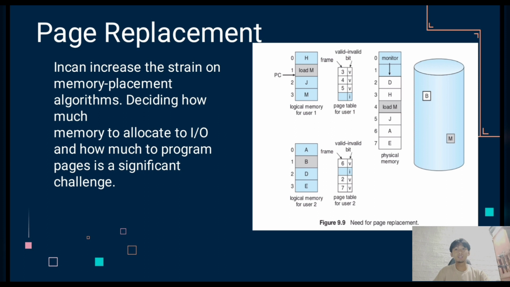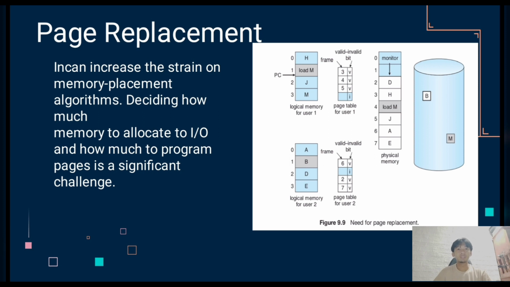So next is the need for page replacement. Over-allocation can increase the strain on the memory placement algorithms. Deciding how much memory to allocate to I/O and how much to program pages is a significant challenge.